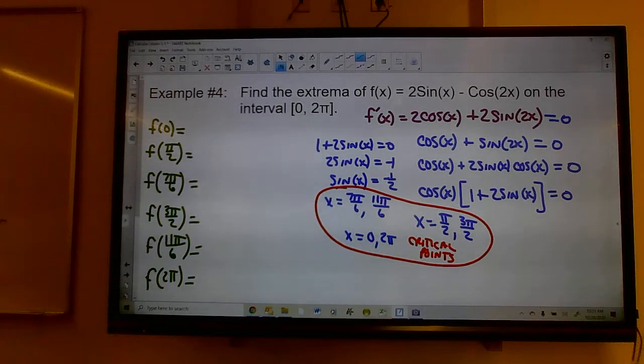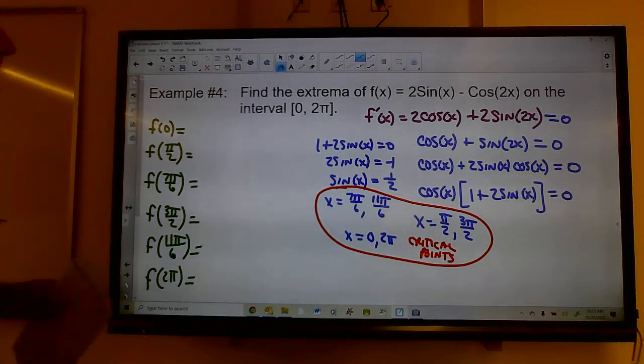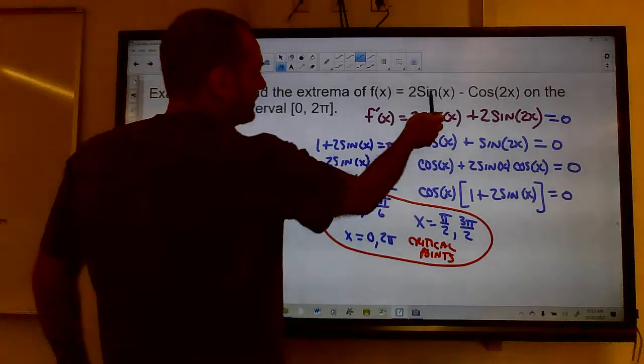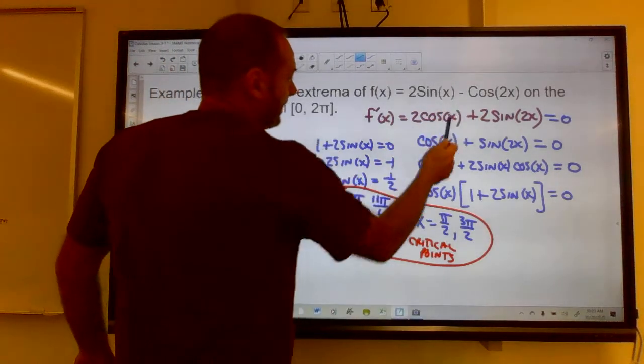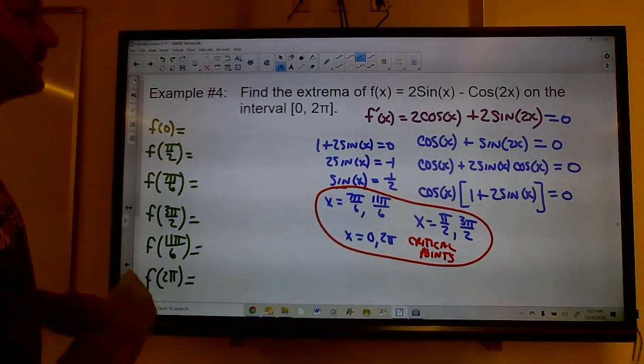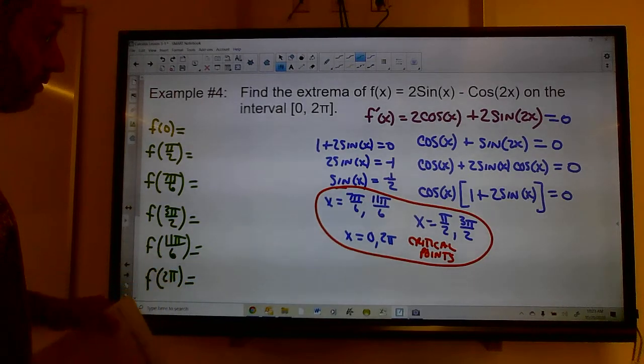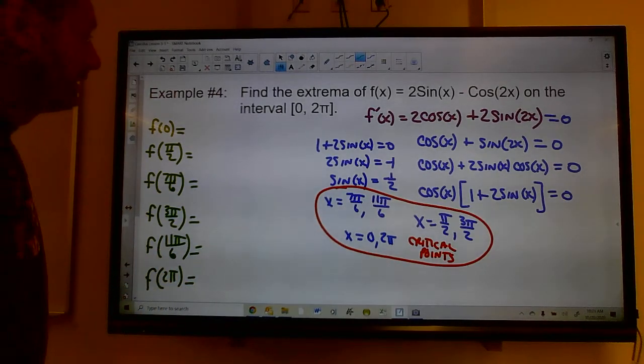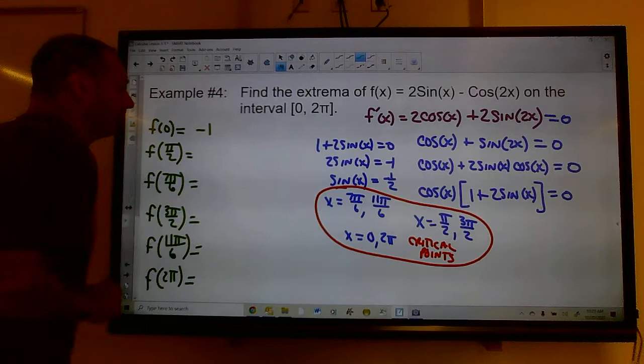All right, so let's see, if I plug 0 in here, I get 0 minus cosine of 0, which is going to be 1. So this is going to be negative 1.